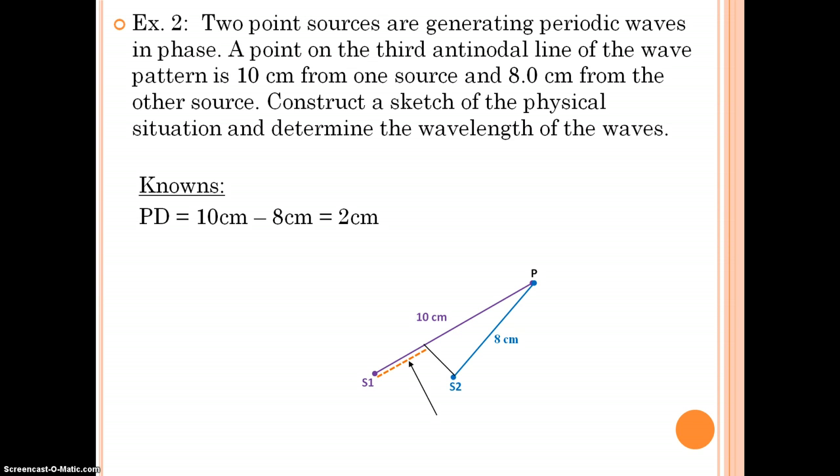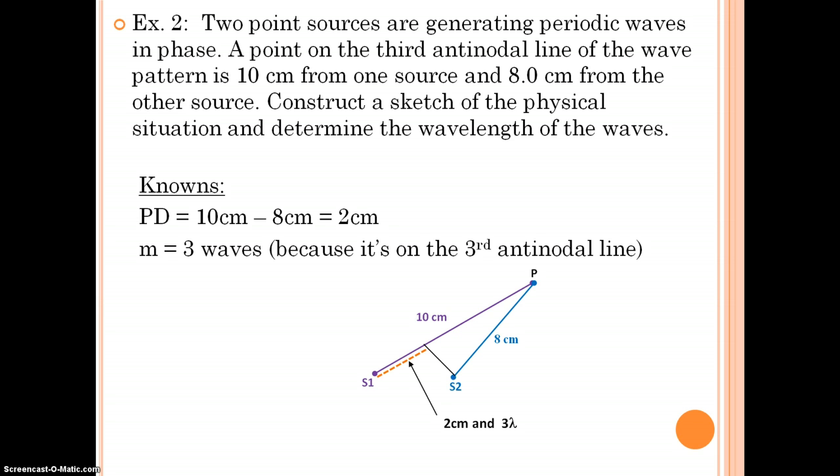Another important thing it says in the problem is that it's on the third antinodal line. Any point on the third antinodal line has how many waves difference? Anybody? 3. So I know that it's 2 centimeters and that 2 centimeters is also 3 waves difference. So that's 2 important things we can get from our picture and from the problem.